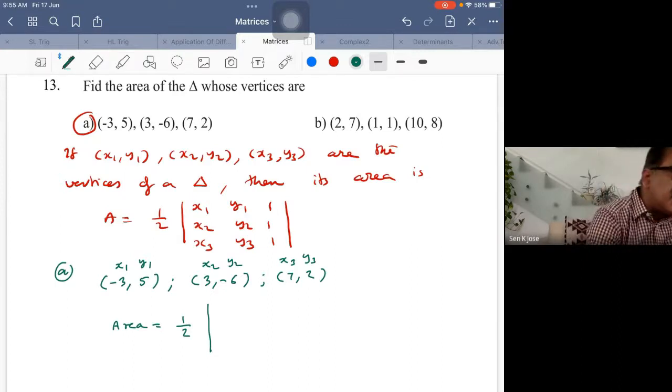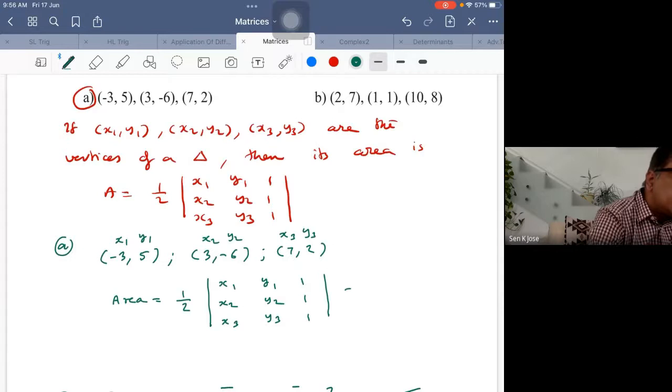It's half determinant x1, y1 followed by 1, x2, y2 followed by 1, x3, y3 followed by 1, which is equal to half determinant minus 3, 5, and 1, 3 minus 6 and 1, then you have 7, 2, and 1.